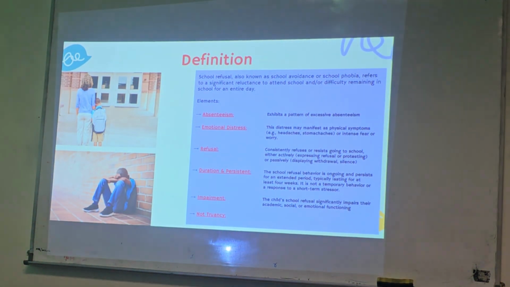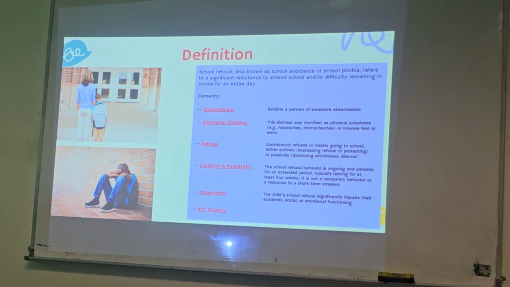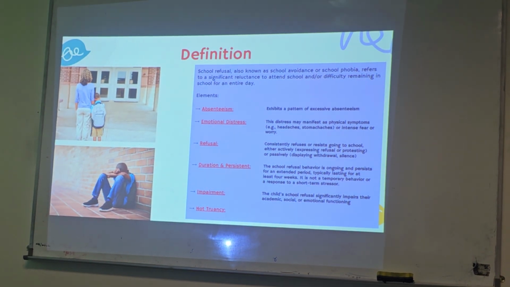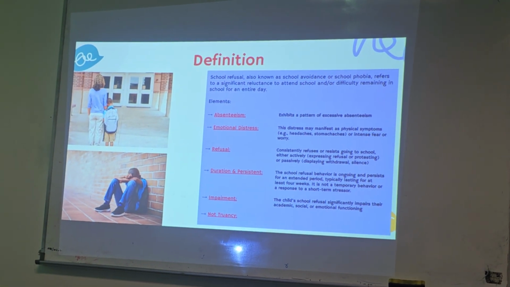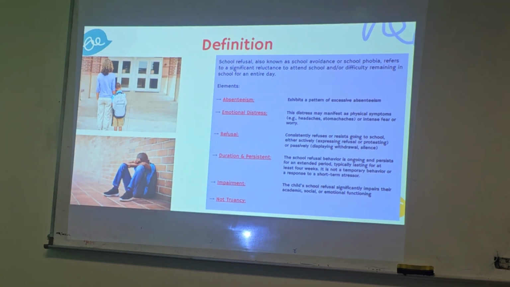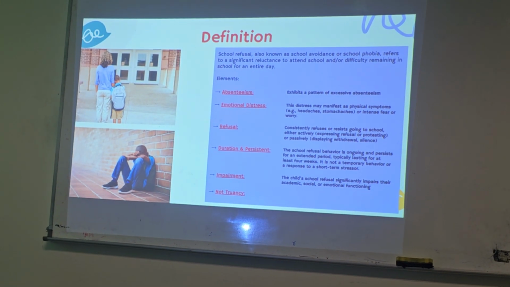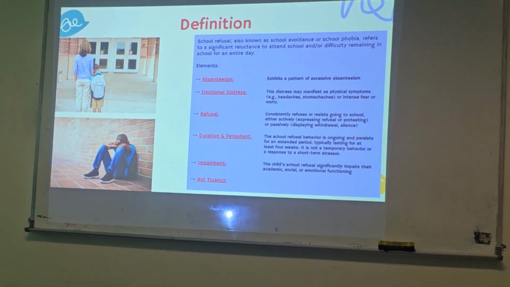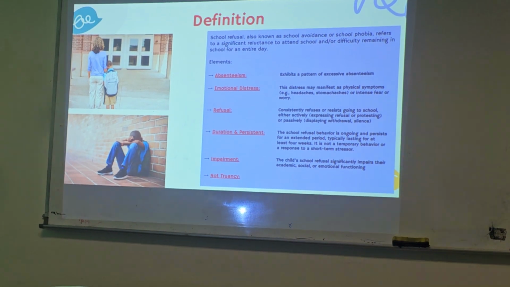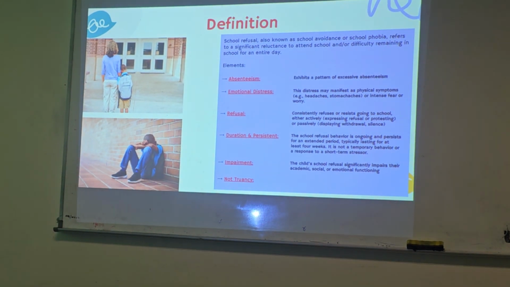The definition of school refusal is a significant reluctance to attend school and/or difficulty remaining in school for an entire day. But how do we differentiate it from a child that just generally doesn't want to go to school because maybe he hates school? There are a couple of elements to consider.